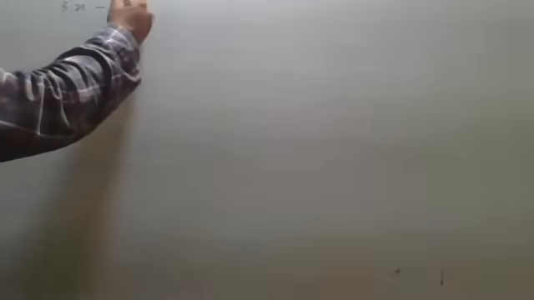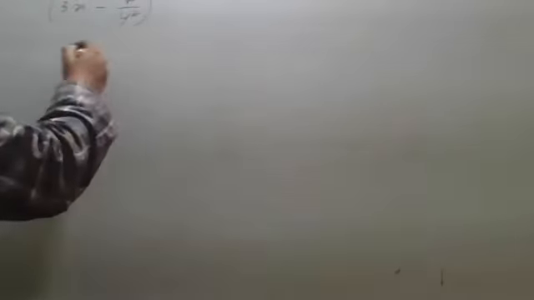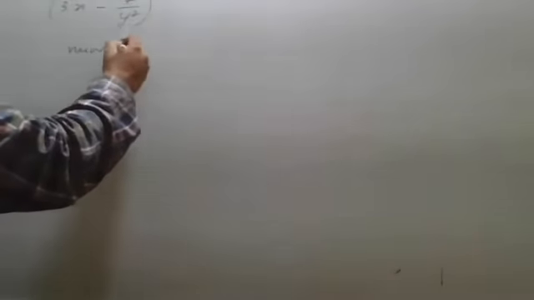Written everything? Yes, sir. The first question is number of terms in px minus 7 by y square whole to the power 8. So number of terms will be one more than the power.